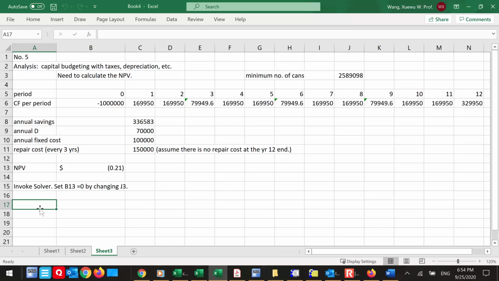So I'll just build the data table for NPV, and you can do that later for IRR. I'm going to look at number of cans here.